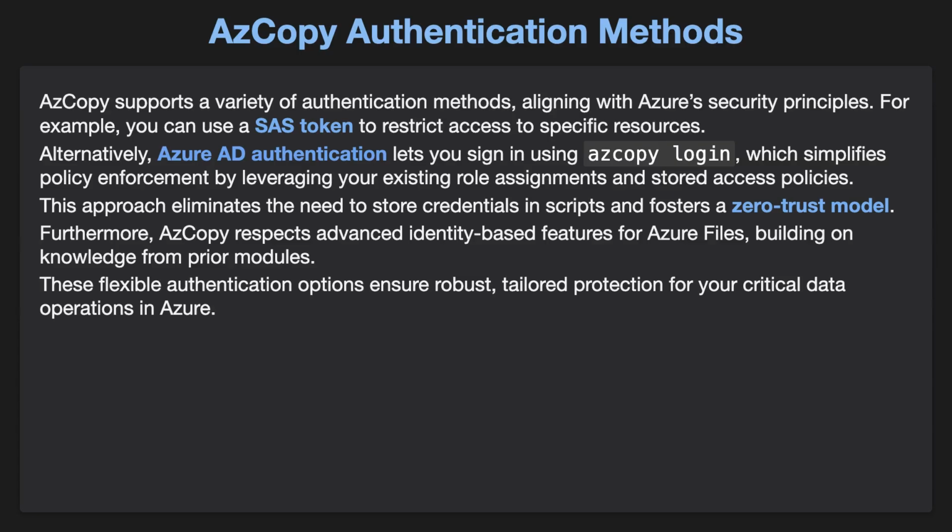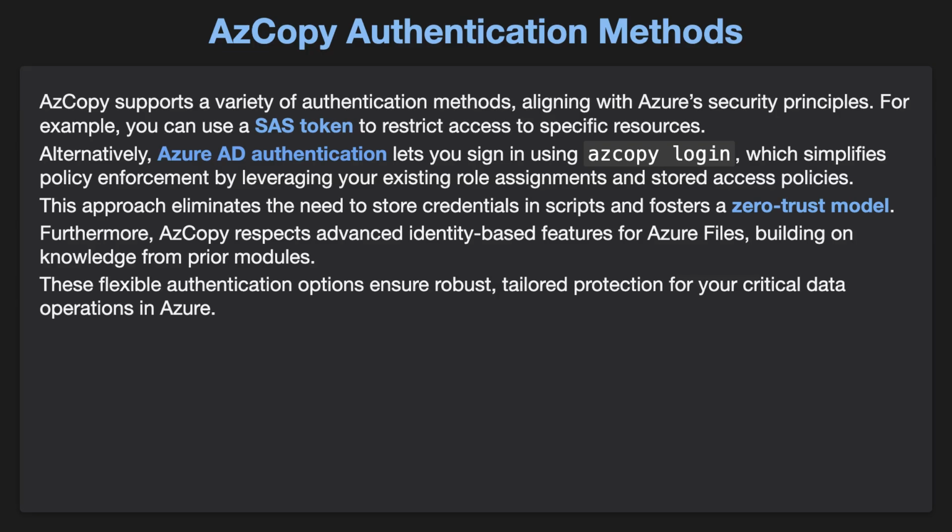AzCopy supports a variety of authentication methods, aligning with Azure's security principles. For example, you can use a SAS token to restrict access to specific resources. Alternatively, Azure AD authentication lets you sign in using AzCopy login, which simplifies policy enforcement by leveraging your existing role assignments and stored access policies.